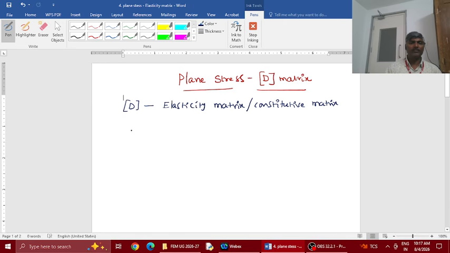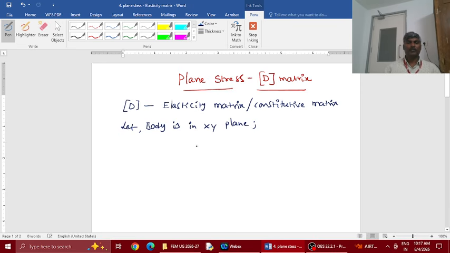What is a plane stress condition? The plane stress condition says the stress components related to the dimension perpendicular to the plane of the body are zero. For example, let the body be in the XY plane.